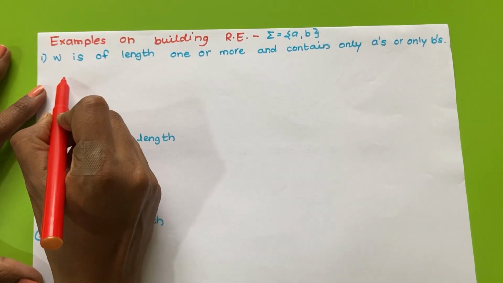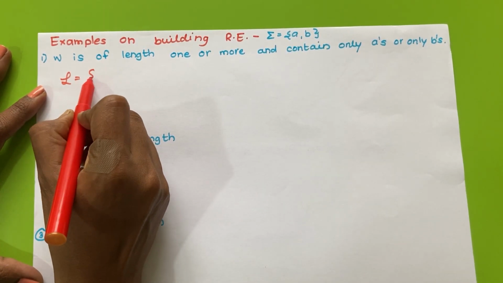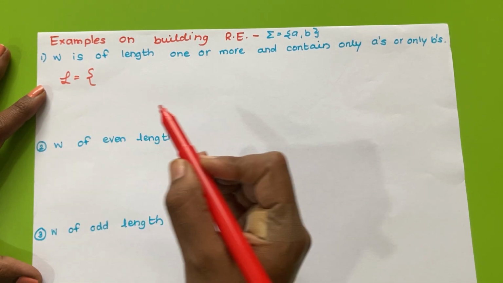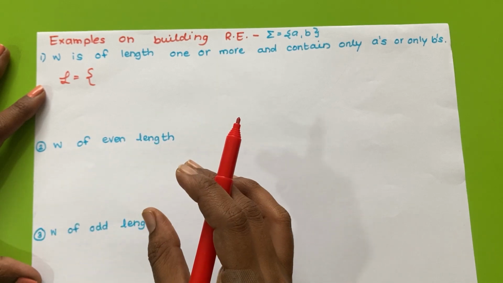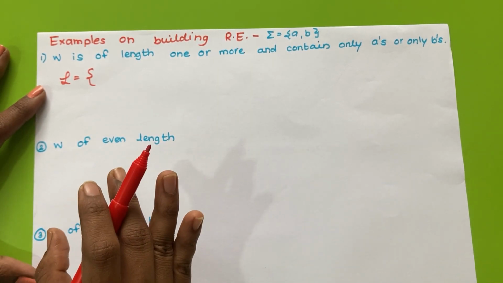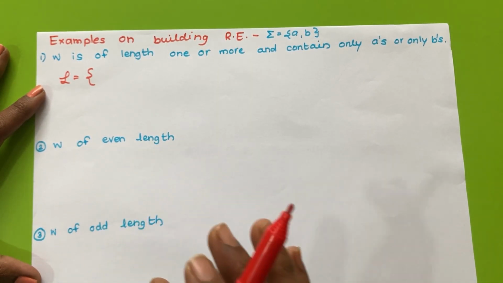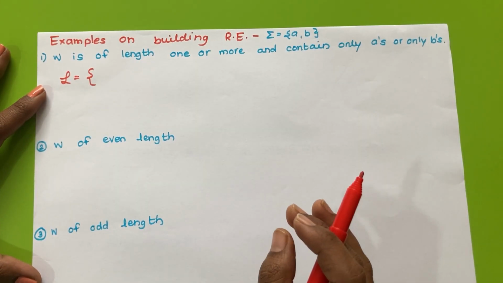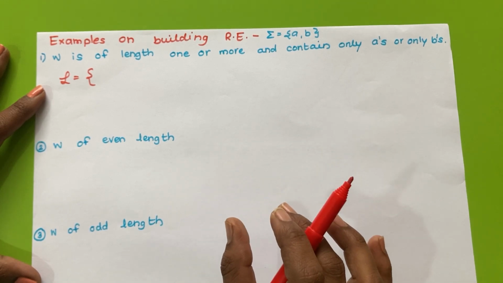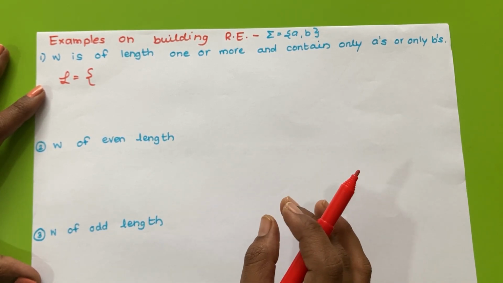So what will be the string L? It will contain the strings of only A's or only B's. It means a single string contains either only A's or only B's. A single string cannot have A as well as B at a time.